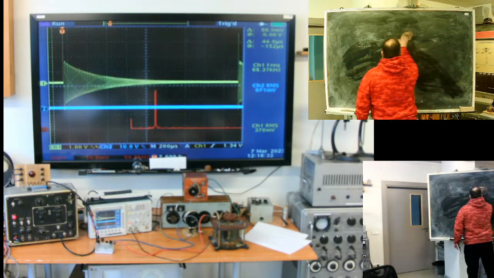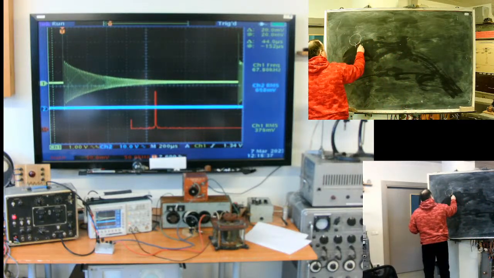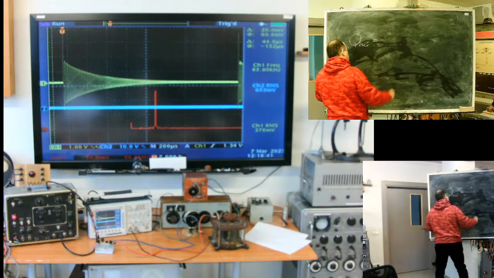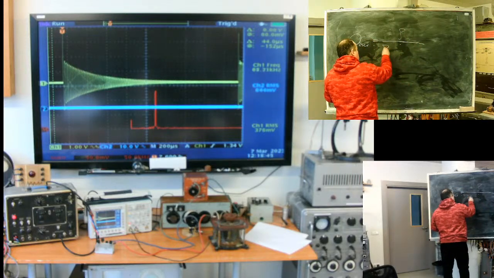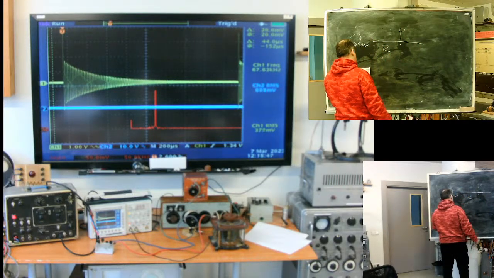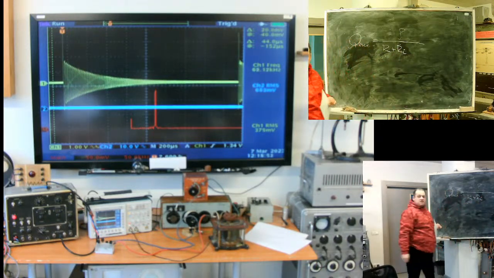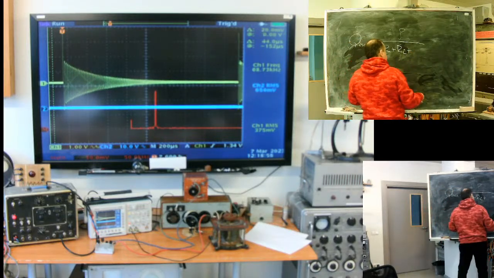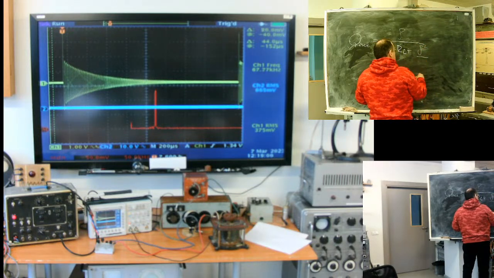The problem is equivalent quality overall. The current is the voltage divided by the sum of the resistance plus the internal resistance of the voltage source, plus, if we have a load, we need to introduce it.